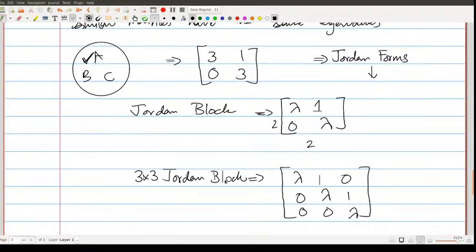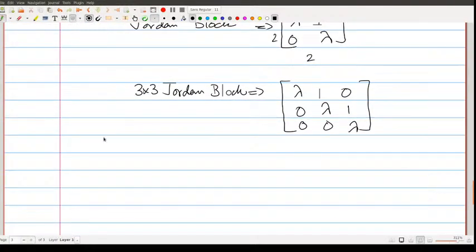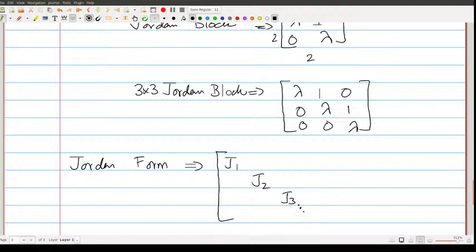And so the idea is that if you have a matrix that is not diagonalizable, then you can put it into a Jordan form. And what's a Jordan form? The Jordan form is the following: J1, J2, J3, and so on, and the rest is 0.